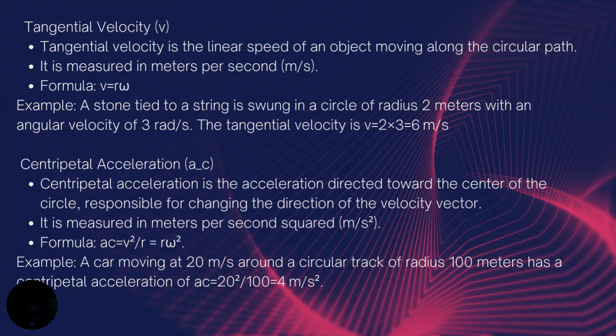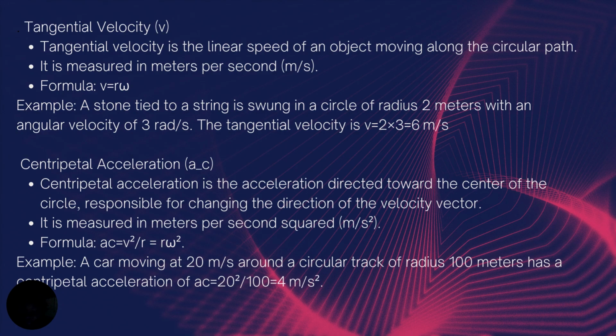At every point in a circle, if you are walking in a circle, just try to walk around in a circle. At every point, you will be facing a different direction. At every point you turn in that circle, you'll be facing a different direction. So that is why velocity is changing.